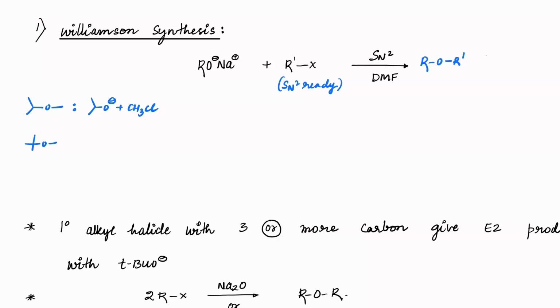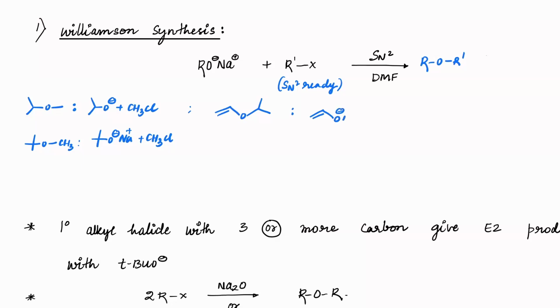Suppose you have OCH2CH3, then the best way to prepare is this one, Na+ with CH3Cl. Likewise, if you have it this way, now you know that the vinyl group can never be made into an SN2-ready form.